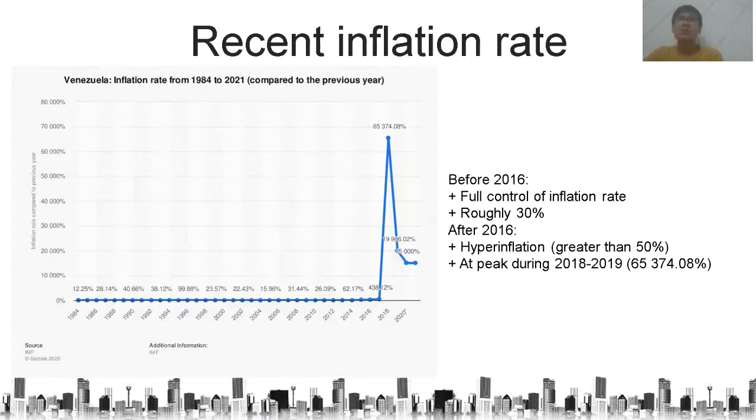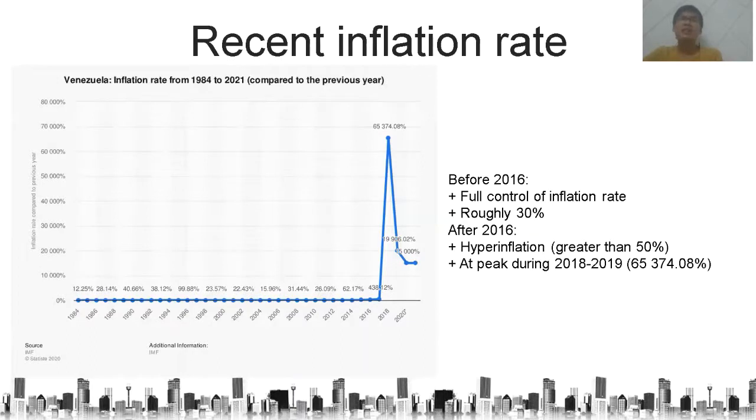So every person who goes to the market has to bring a suitcase full of money to only buy food. In these situations, we call it hyperinflation, typically where the inflation rate exceeds 50%.